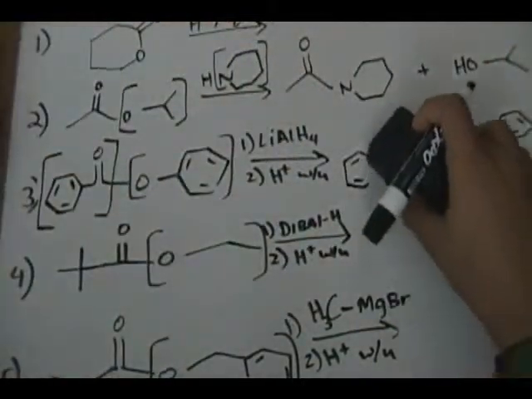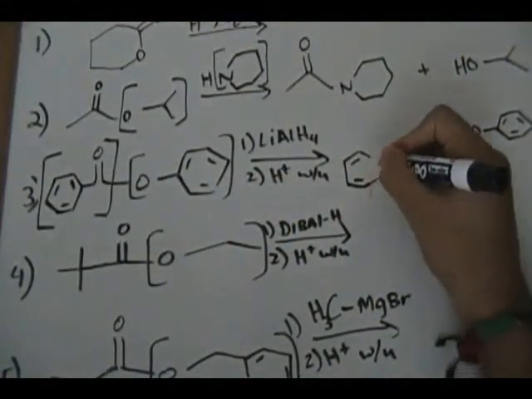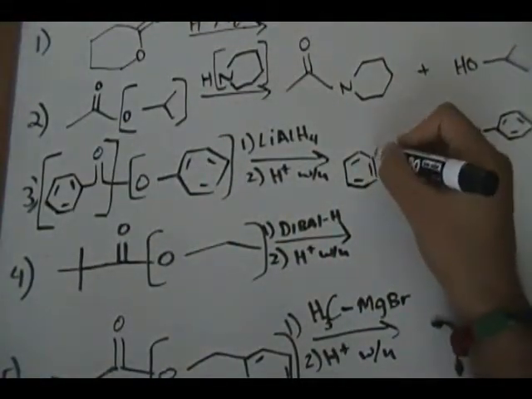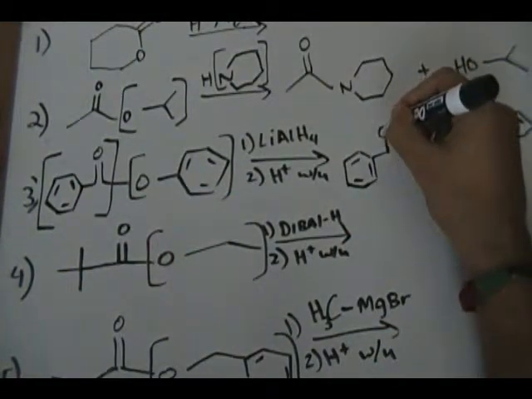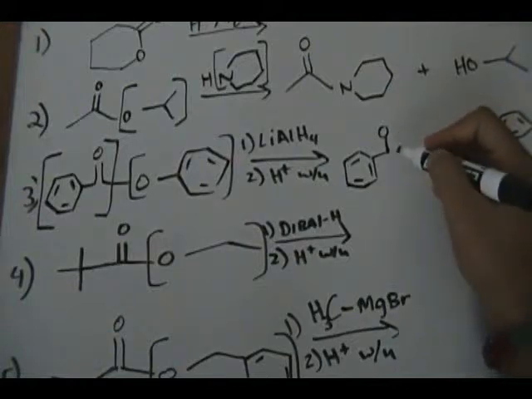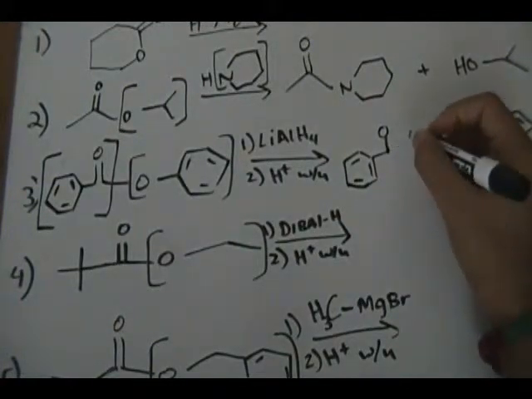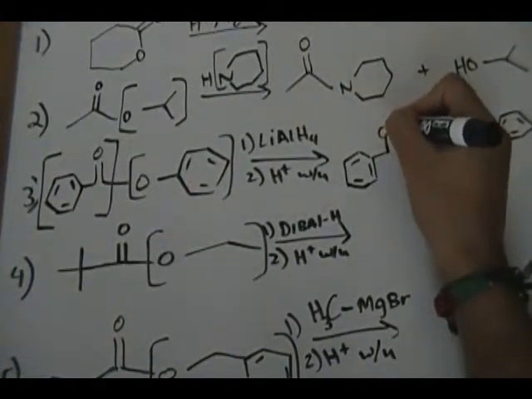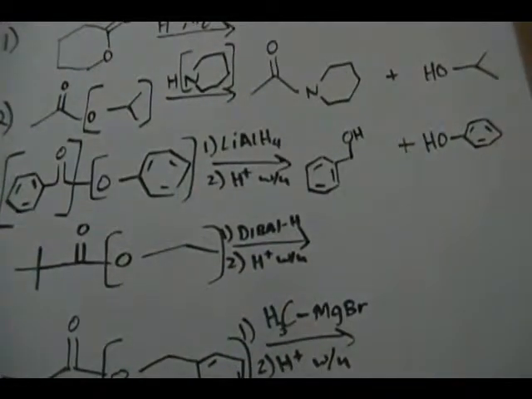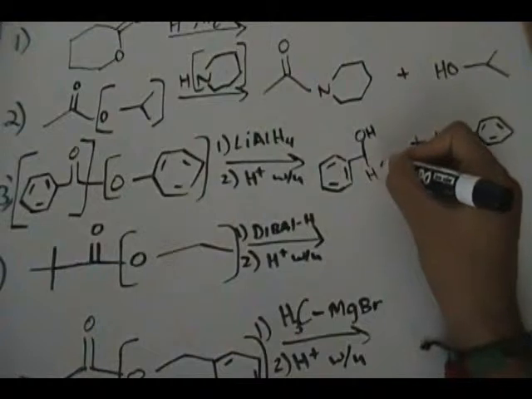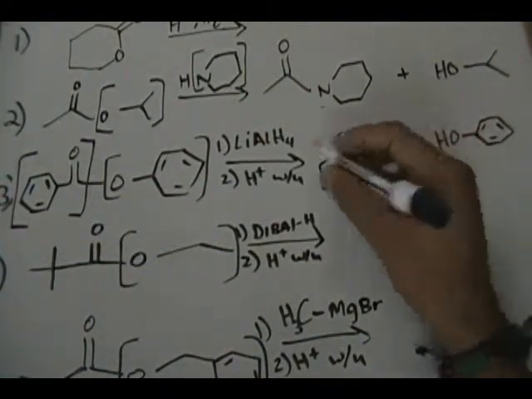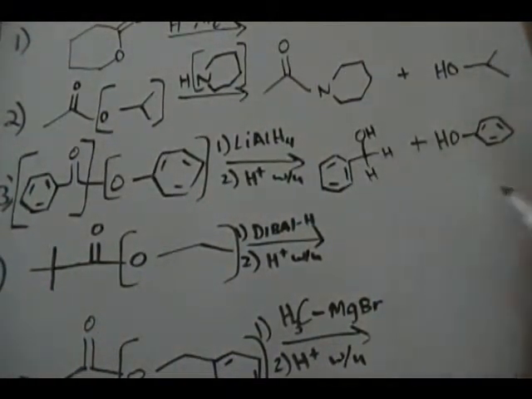Hold on, that didn't look good. So all you have to do is erase one of the bonds from the carbonyl. Originally we had another bond here, and all we do is add an H to the oxygen, and there's our other product, a primary alcohol. And again, in order to designate the H's that were from the lithium aluminum hydride, they're right there.